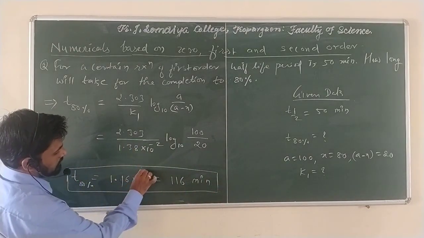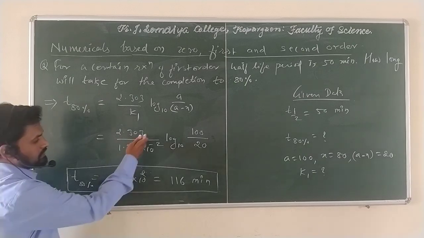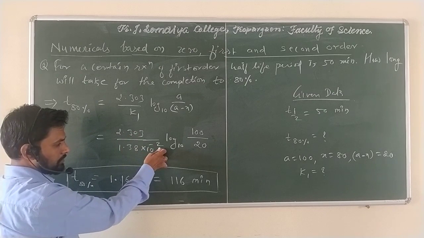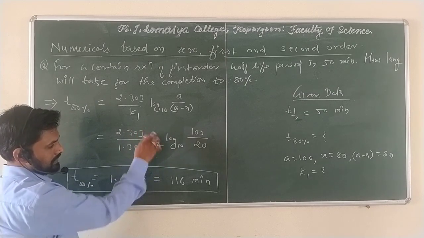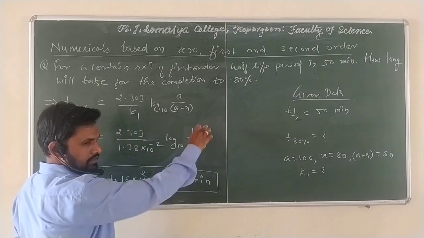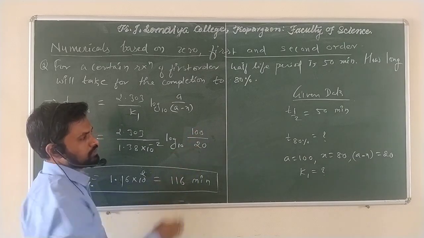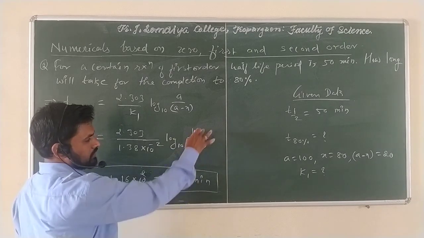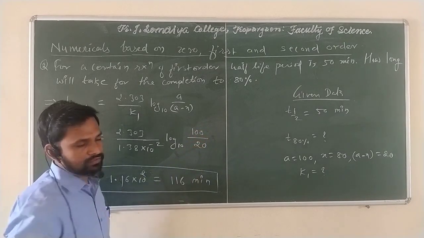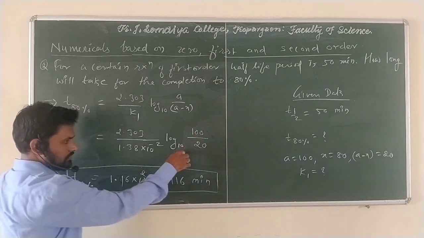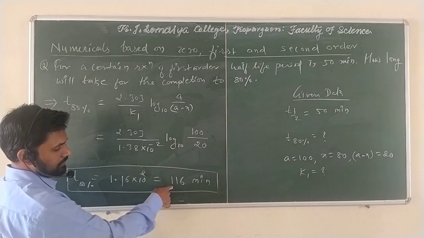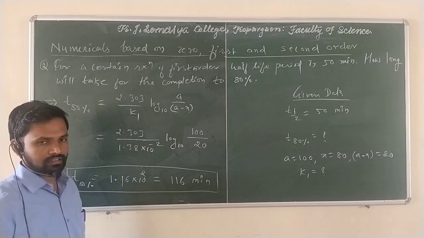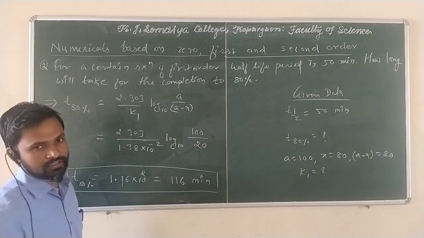You calculate it at home. 2.303 upon 1.38 into 10 raised to minus 2. The denominator forms into the numerator and the sign becomes plus. This is 100 upon 20. First you divide it; in case of this log, the calculator is allowed. 100 upon 20 gives 5. Calculate log 5, then multiply this value. You will get 1.16 into 10 raised to 2, which is nothing but 116 minutes you require for the 80%.